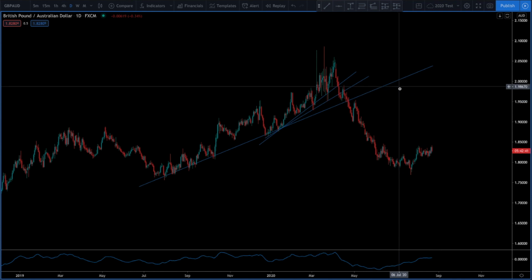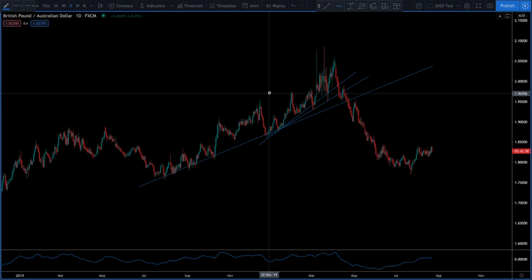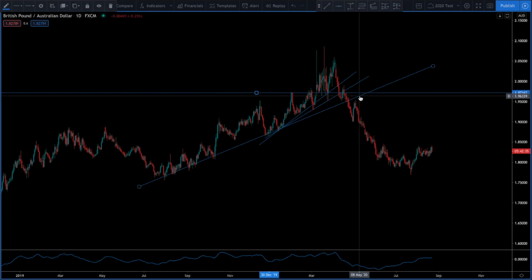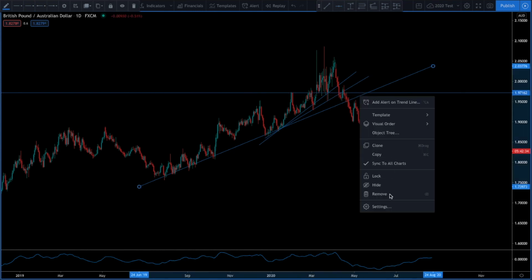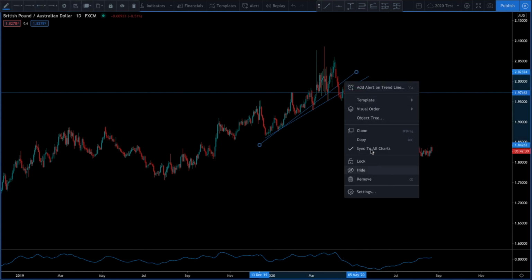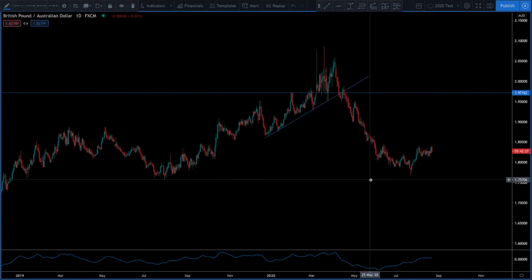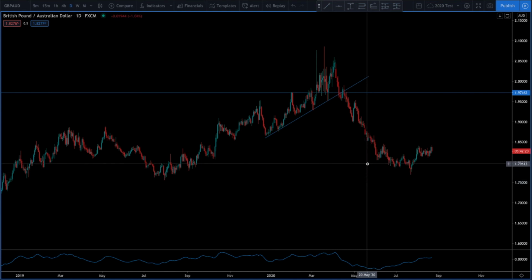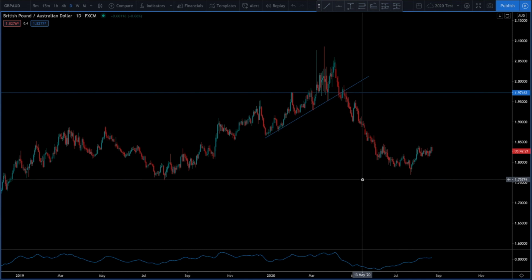For my trading, this trade right here, I'm going to just go ahead and take this weekly trend line and this trend line out. But the purpose of trend lines is not to trade just off the trend line.